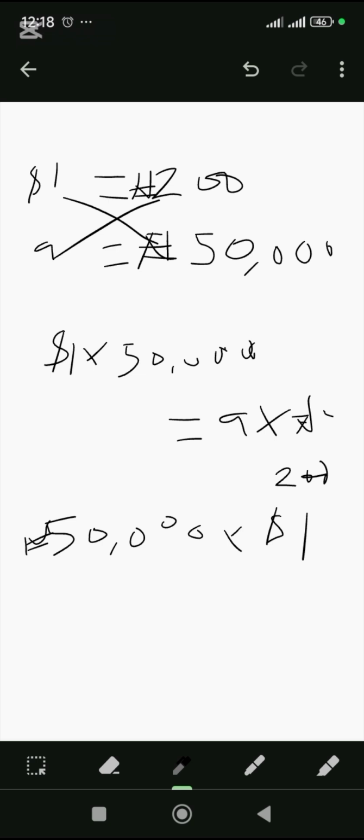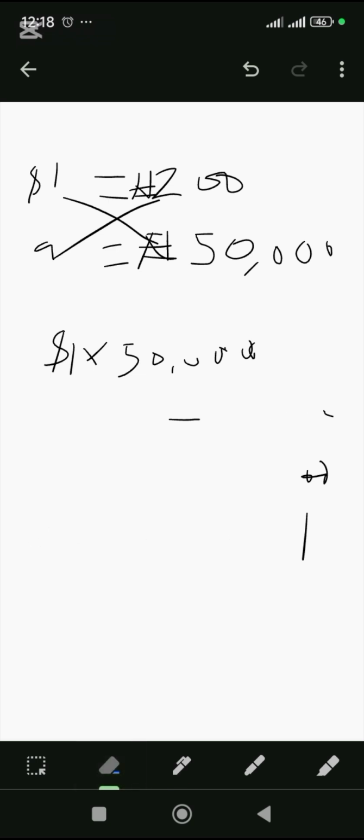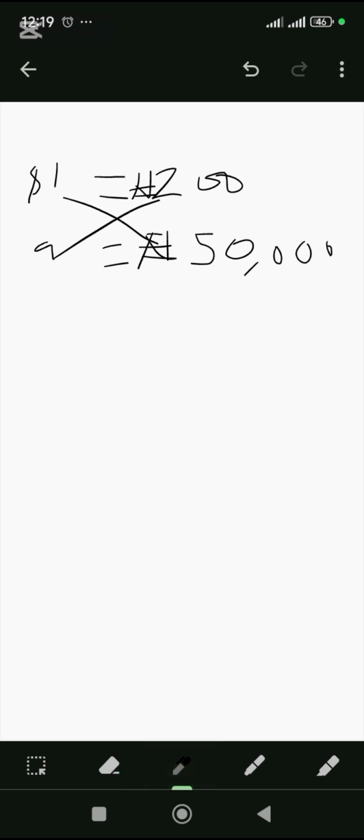Okay, and if you make A the subject of the formula in that question, it's going to look like something like this. So because of my screen, I'll just go right ahead to give you what it looks like.